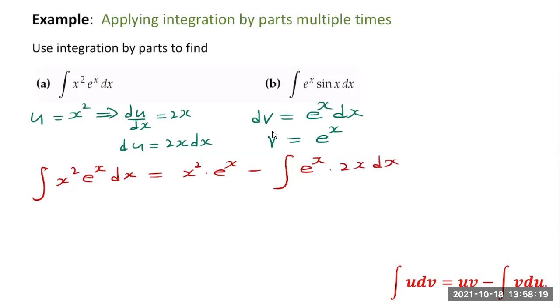Now, of course, I can pull out the constant 2. You get x squared e to the power x minus 2 times the integration of x e to the power x dx. That's what you get if you pull out the constant.